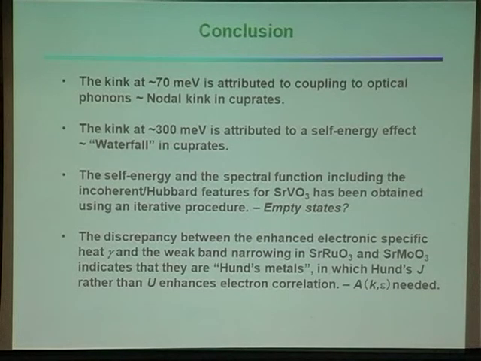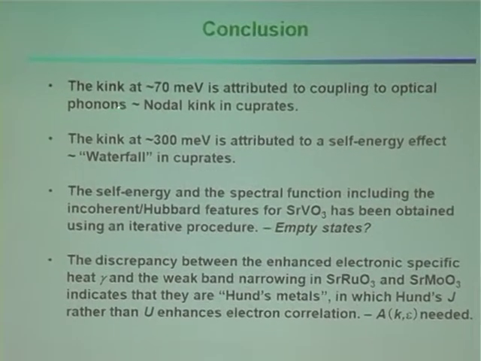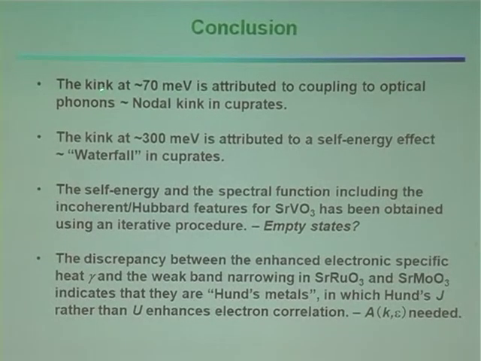So this is a conclusion. We have shown that the 70 meV kink is, maybe I didn't claim so strongly, but it is so ubiquitous that we consider this is due to electron-phonon coupling.